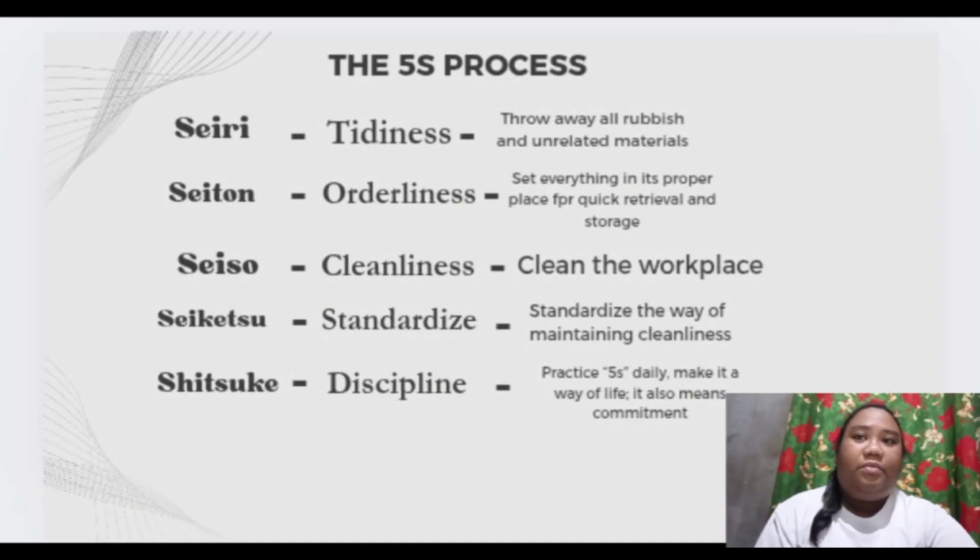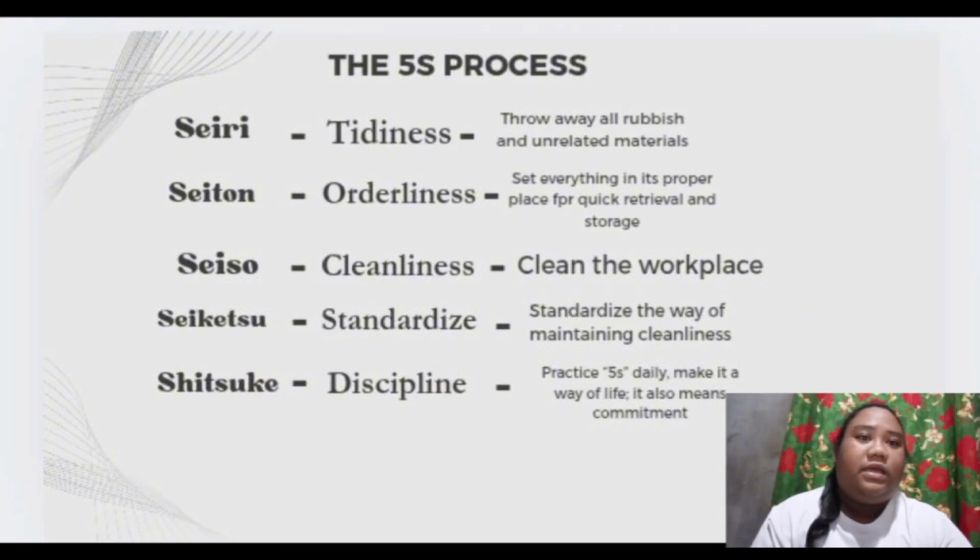The 5S process breakdown. First, Seiri means tidiness, where all trash and unnecessary items are removed. Second is Seiton, which focuses on orderliness by placing everything where it belongs so it's easy to find. Third, Seiso means cleanliness, which involves keeping the workplace clean at all times.